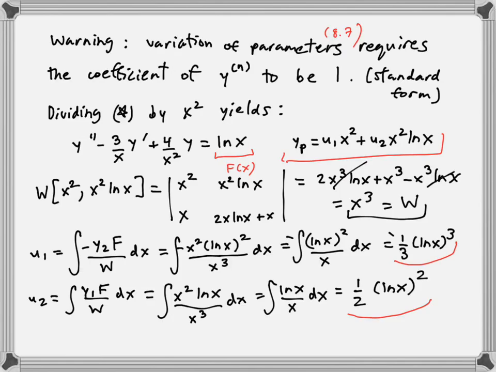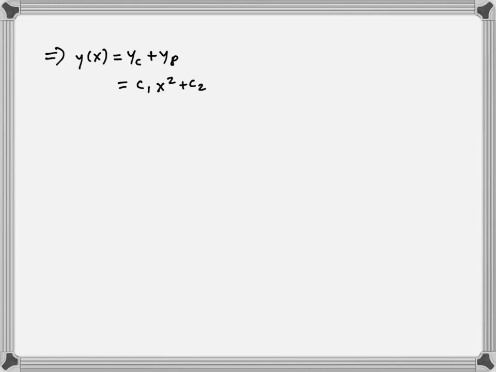This means that y(x) is equal to yc plus yp, which is going to equal c1 x² plus c2 x² ln x, plus u1 times x², plus u2 times x² ln x.